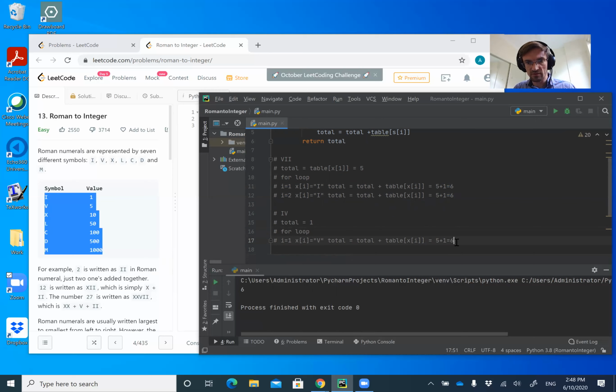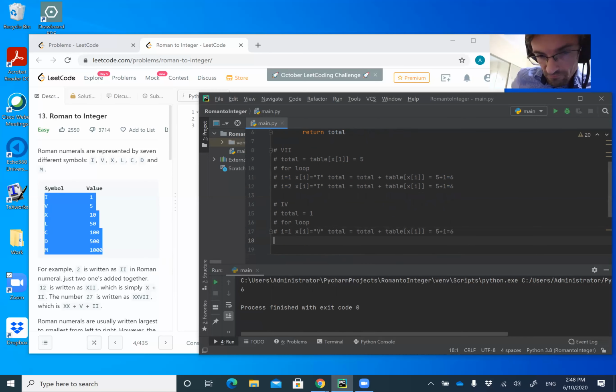So the total would be 6. And here, we need to make an adjustment. Basically, we want to get 6 converted to 4.